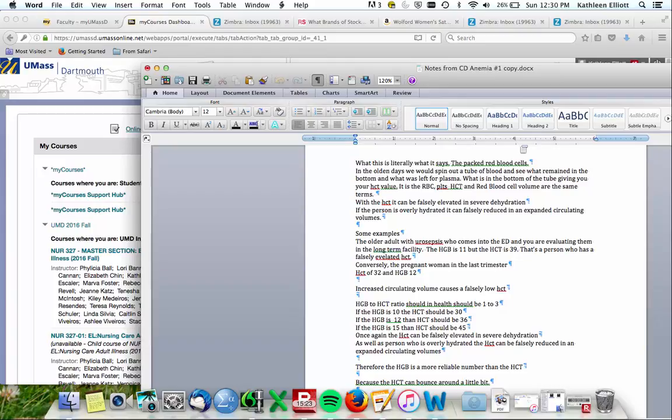The hemoglobin is 11 and the hematocrit is 39. That's a person who has a falsely elevated hematocrit. Conversely, the pregnant woman in the last trimester, her hematocrit is 32 and her hemoglobin is 12. Increasing circulating volume causes a falsely low hematocrit.